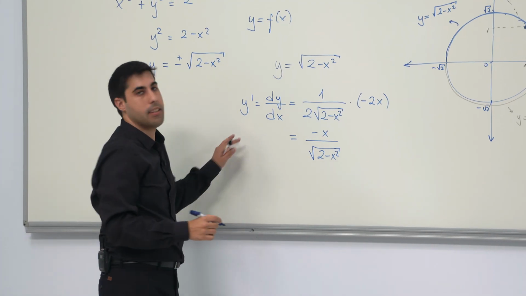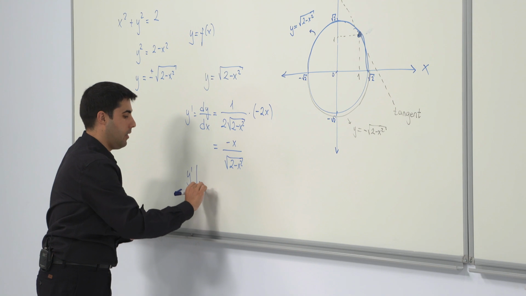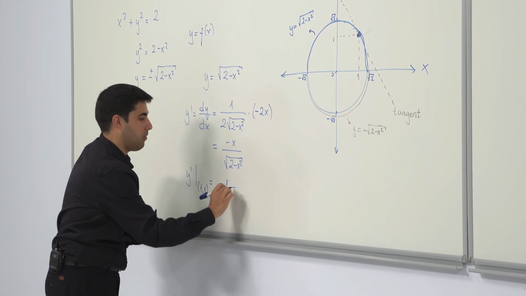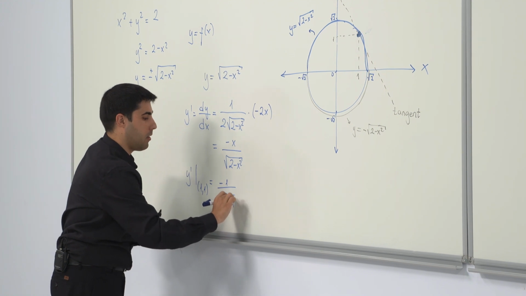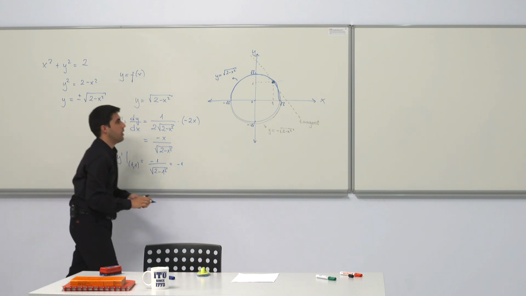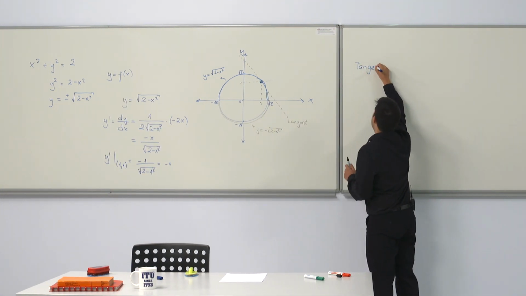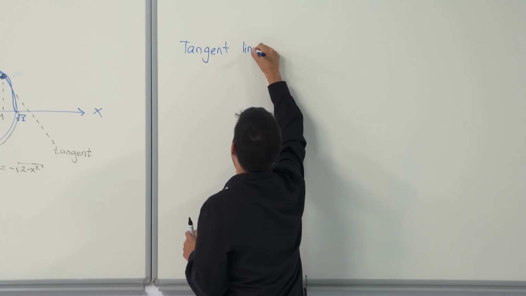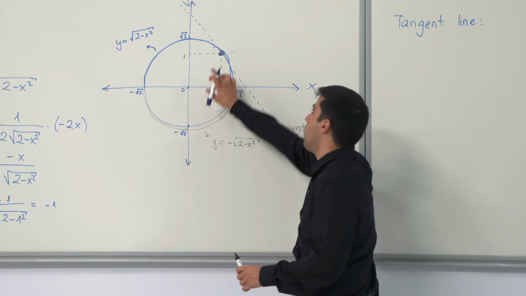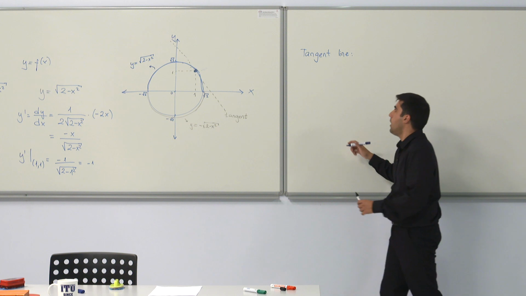Okay. Now, the slope of the tangent line is the value of the derivative at the given point. So let's evaluate the derivative at the given point. y prime at (1, 1) equals minus 1 over square root of 2 minus 1 squared, which is minus 1. So the tangent line can be written then, because we have the slope and we know a point on this line, we can write the equation of the tangent line.